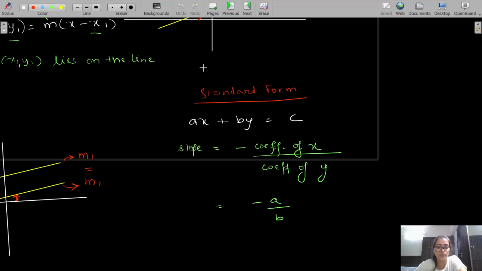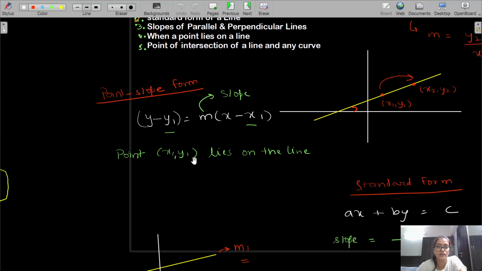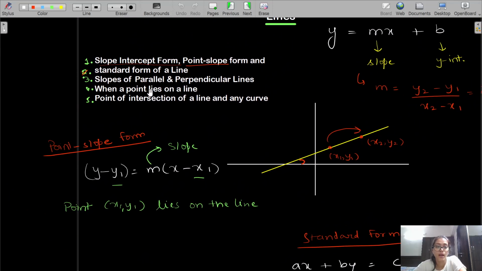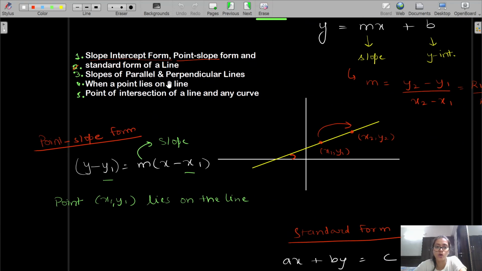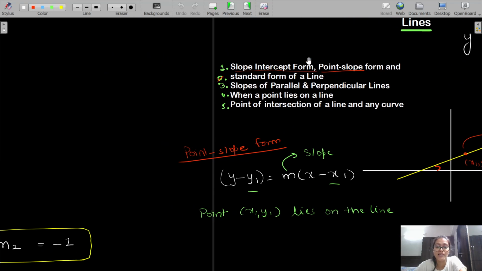And the next concept that we have is, what happens when a point lies on a line? We have already covered this concept. If a point lies on a line, for example, you have this line, 3x minus y equals 2, and a point -1 comma 9 lies on this line, then this point will satisfy this equation.